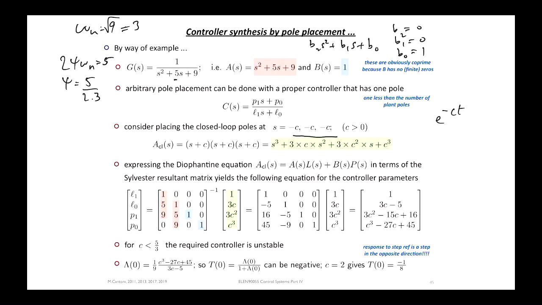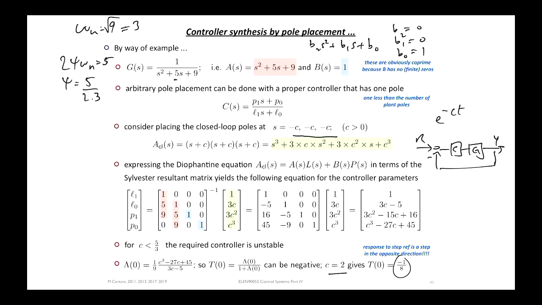If you choose C equal to 2, it turns out that the DC gain of the complementary sensitivity function, the ratio of the open loop transfer function and 1 plus the open loop transfer function, will be negative. So if we've got our closed loop, the complementary sensitivity function is the mapping from R to Y, and we're saying that the DC gain for this choice of C is negative.